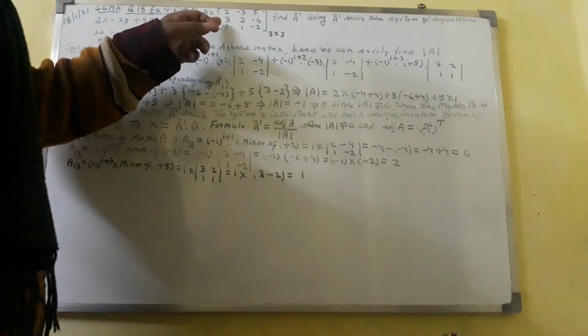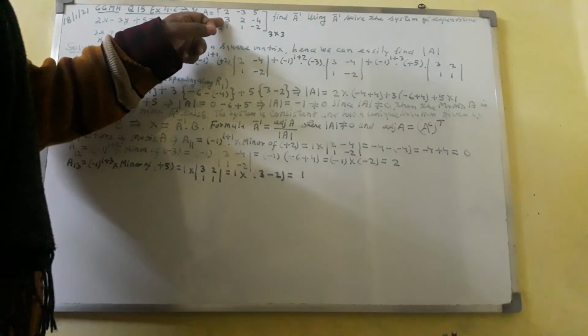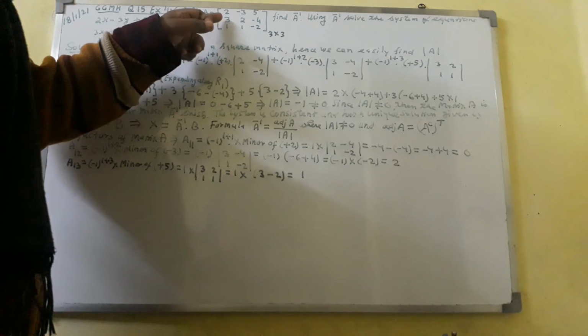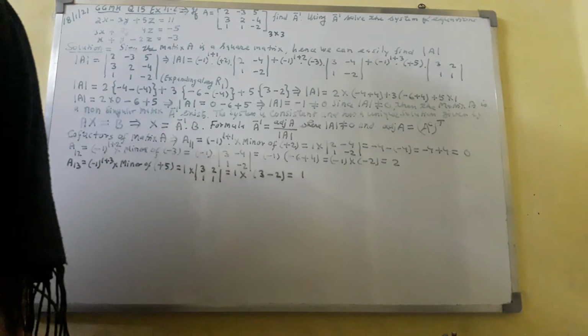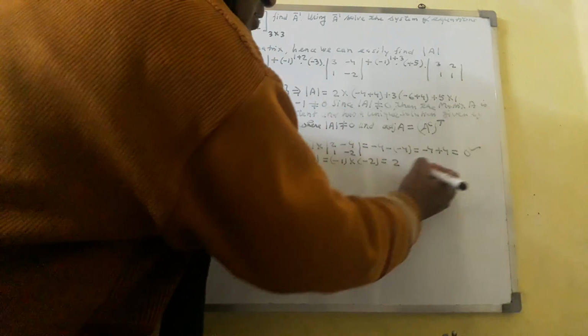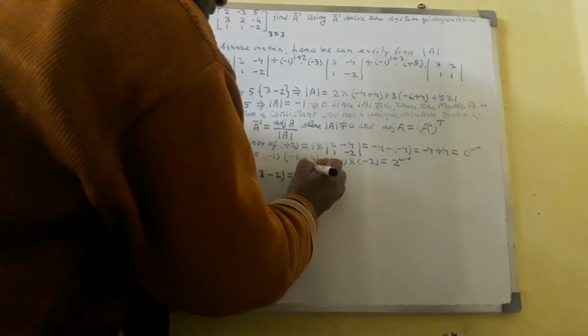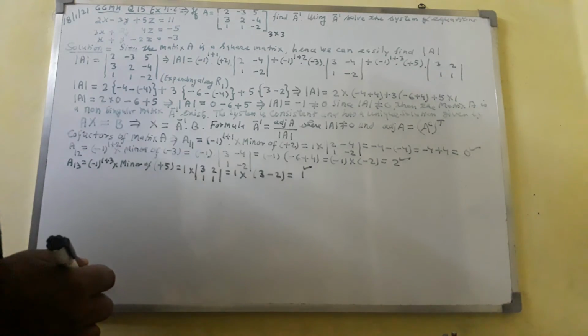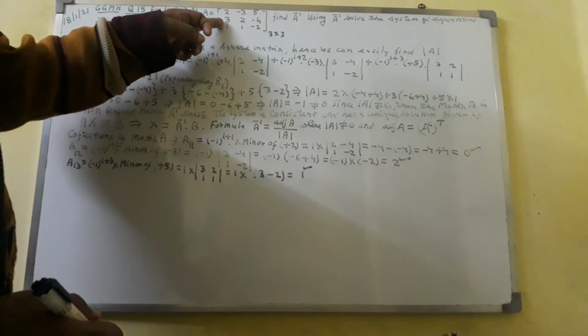Now again take this element 3. So for 3, if you take element 3 here, you can write this one and this one. Now take element here 3.